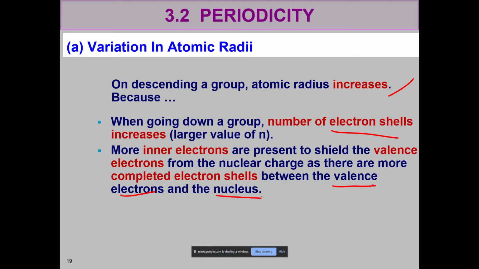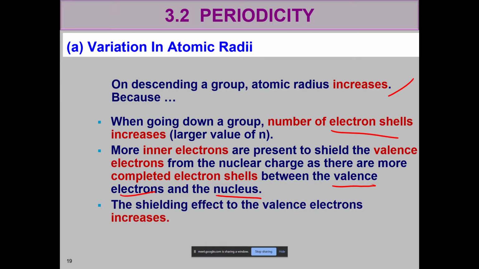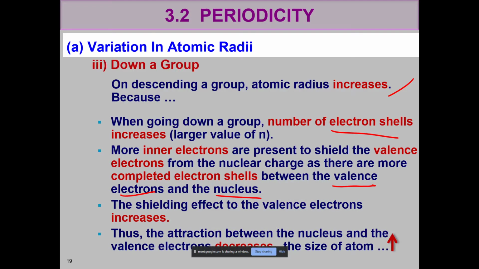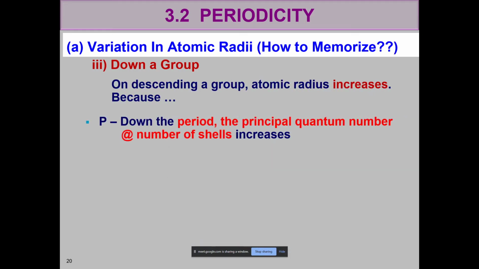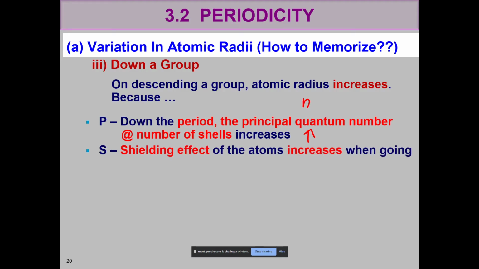Okay, this chapter just a lot of reading. You guys boleh baca my slide tu lah yang I dah give tu. Okay, so macam mana nak ingat? So going down the group, okay, the principal quantum number increase, which is the nilai n, and then the shielding effect also increase. So lagi banyak shell, lagi banyaklah elektron yang dekat dalam tu kan.